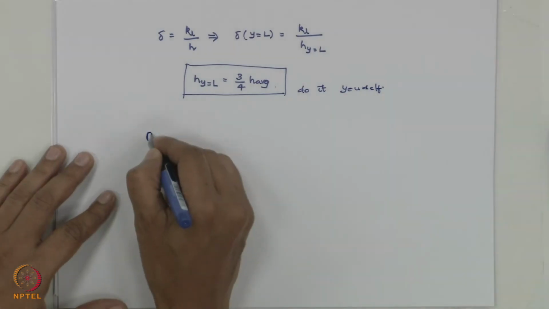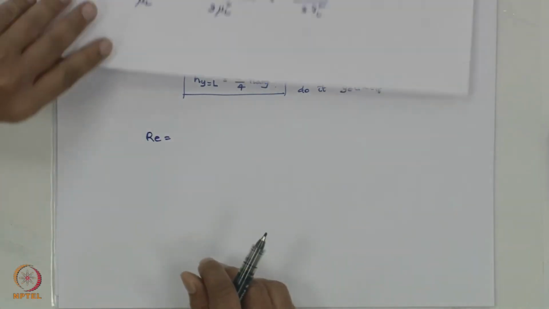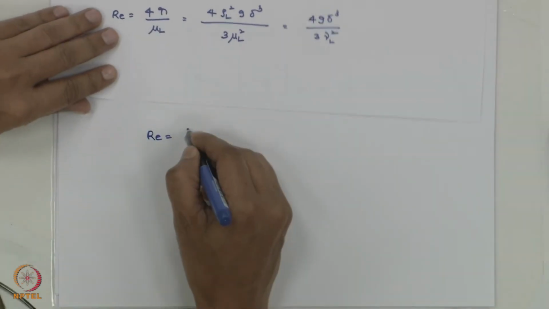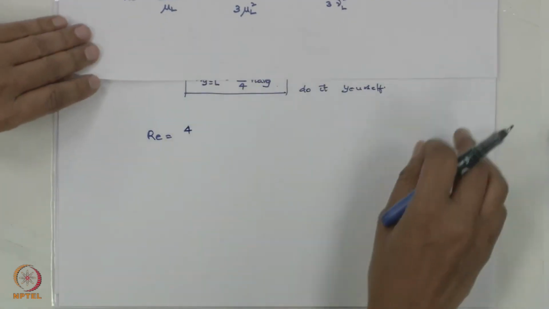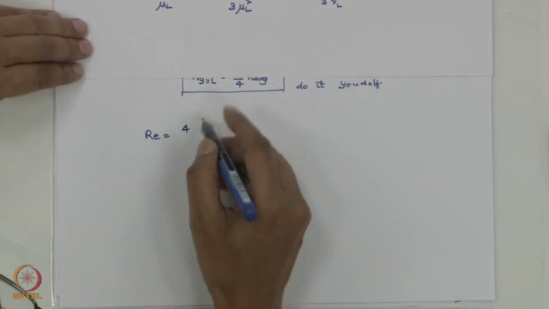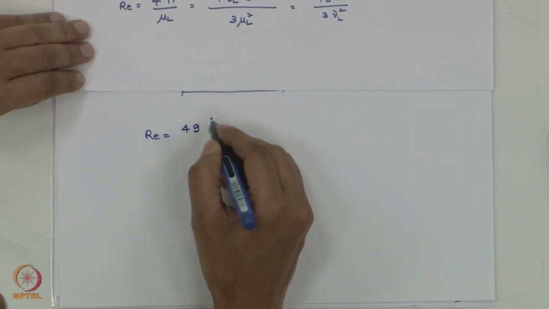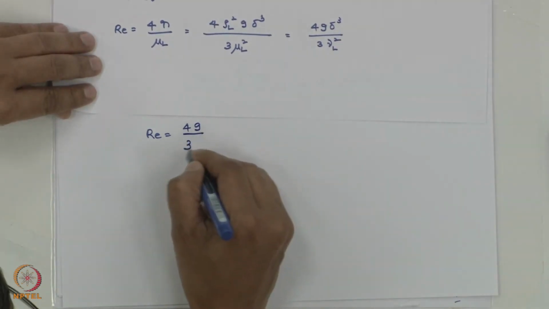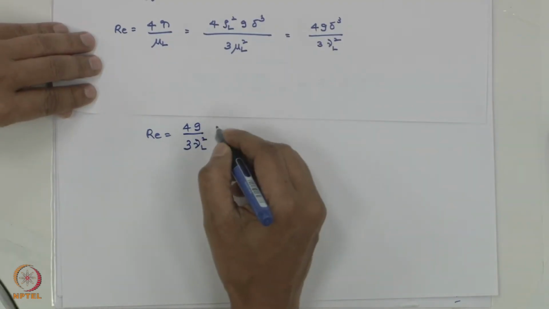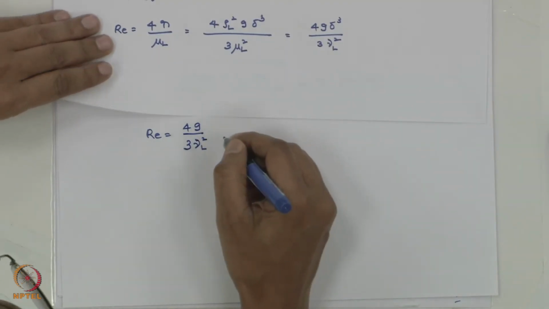So Reynolds number we had Re equal to 4 g delta cube by 3 nu L squared, because I want the Reynolds number at y equal to L. That is 4 g by 3 nu L squared into delta cube. What is my delta cube?